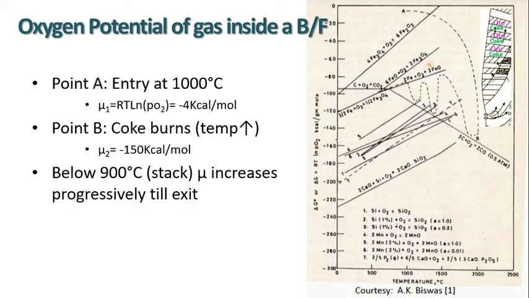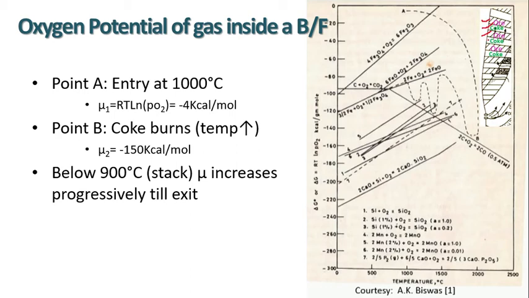Then, oxygen potential of gas inside a blast furnace. We know that the blast enters the furnace at the tuyere region just above the hearth, and goes upward to the top of the furnace. Due to a particular sequence of charging, there are alternating layers of ore and coke.